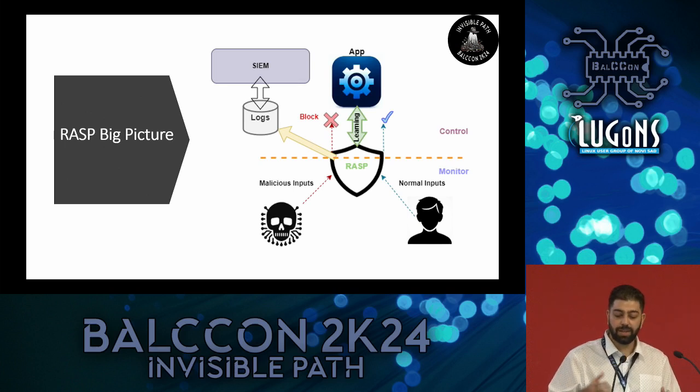You will have protection, so RASP can block a request and block a malicious threat. It really depends on the policies and configuration. It can be based on IP address, it can be based on the requests, and it depends on the tech stack and the protocols in place. It can also detect that a request is not that malicious and consider it a normal one. It really depends on the technologies.